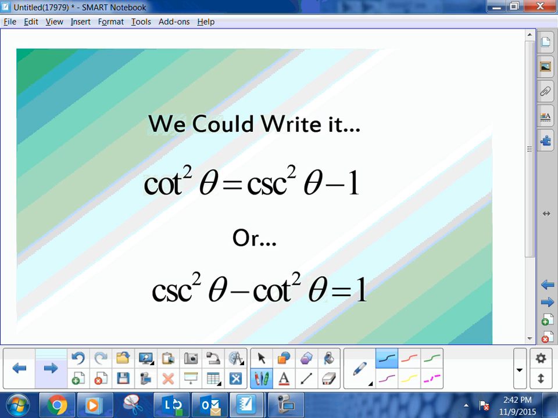Okay. We've pretty much now developed all the identities, all the armament you need to start solving some of these. And there's one thing you've got to keep in mind.